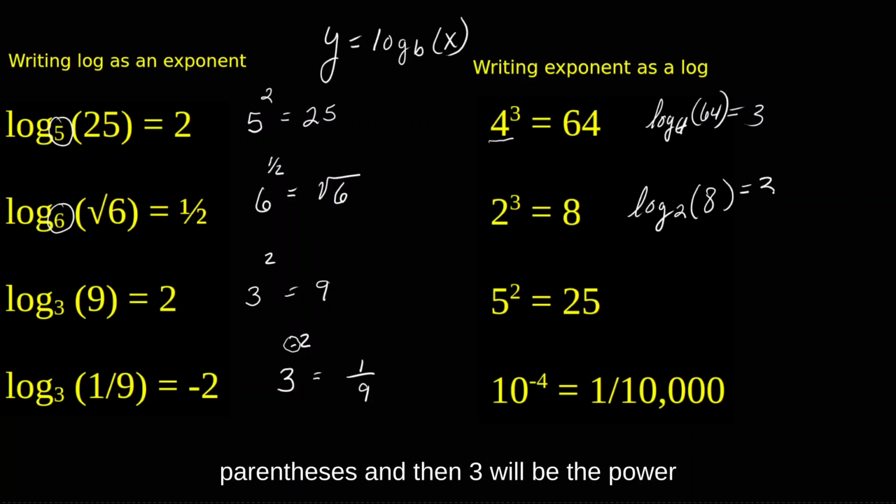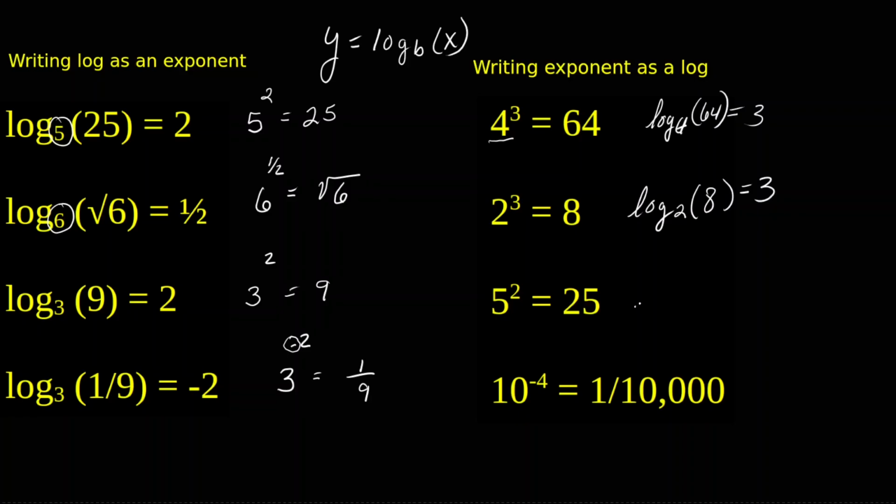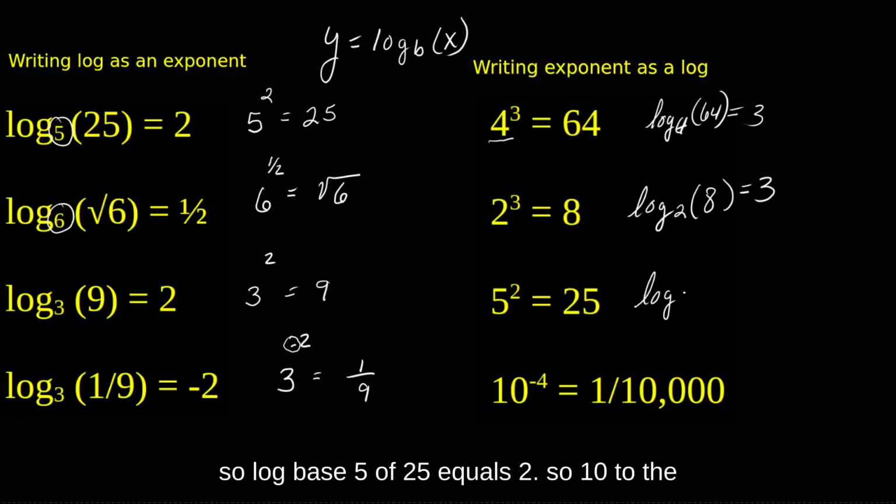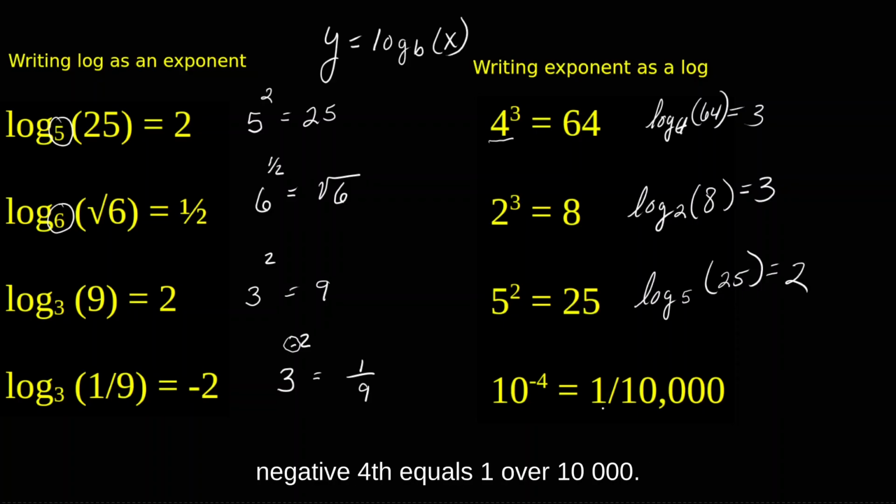And then 3 will be the power. So log base 5 of 25 equals 2. So 10 to the -4th equals 1/10,000.